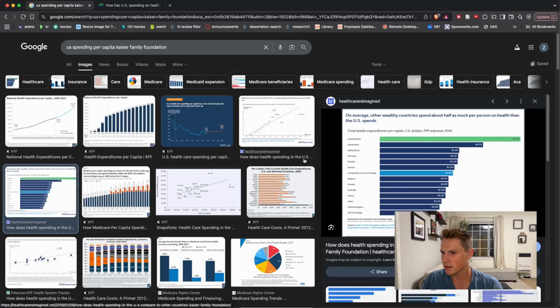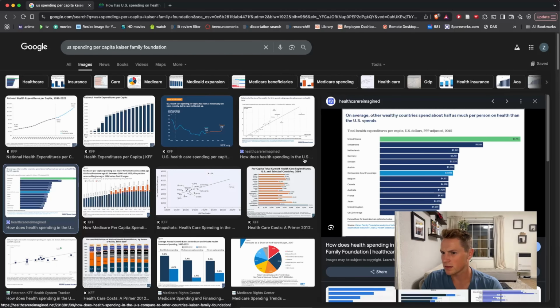So every time you see a chart like this, for instance, this chart, GDP per capita and health consumption spending per capita, US dollars 2023, current price and PPP adjusted. Oh, PPP stands for price per person. Wow.